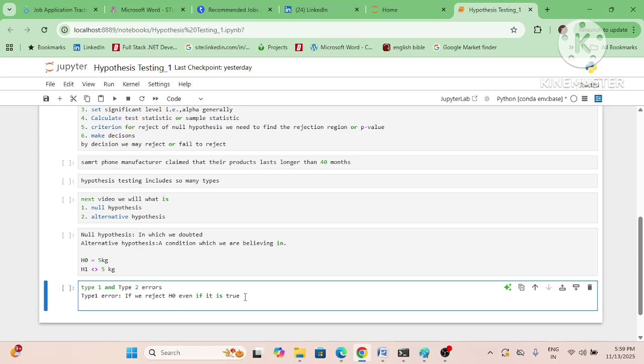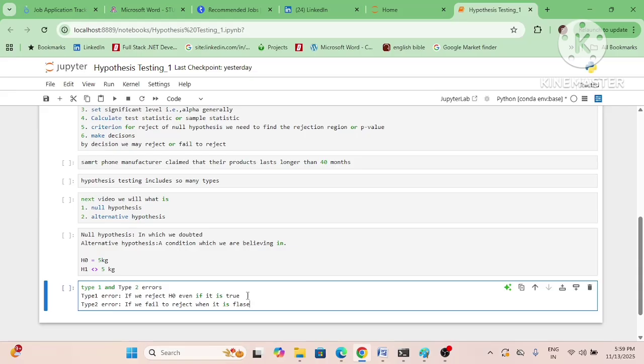Type 2 error is when we fail to reject the null hypothesis when it is false. So this is type 1 error and type 2 error.